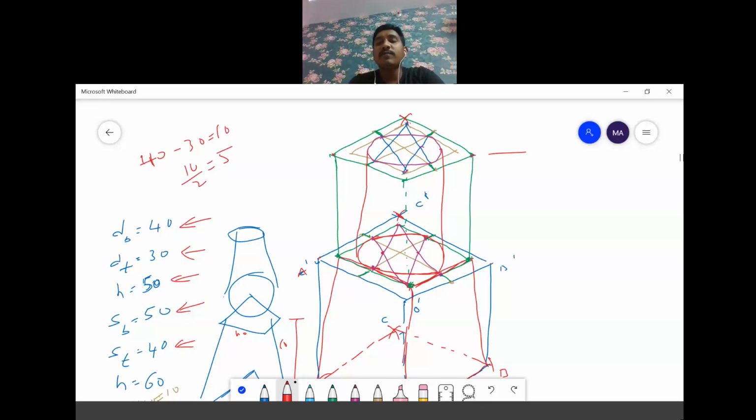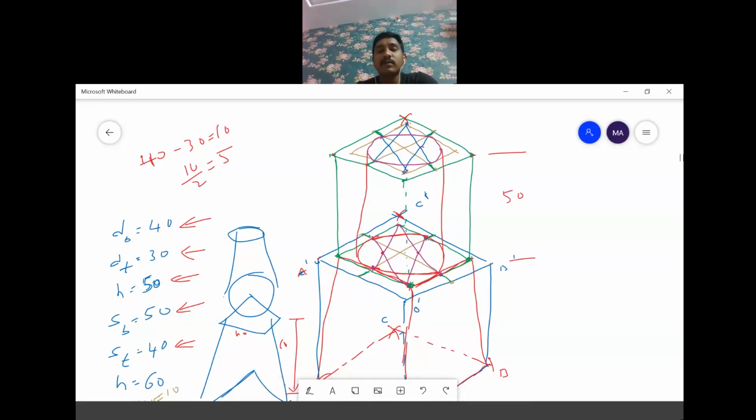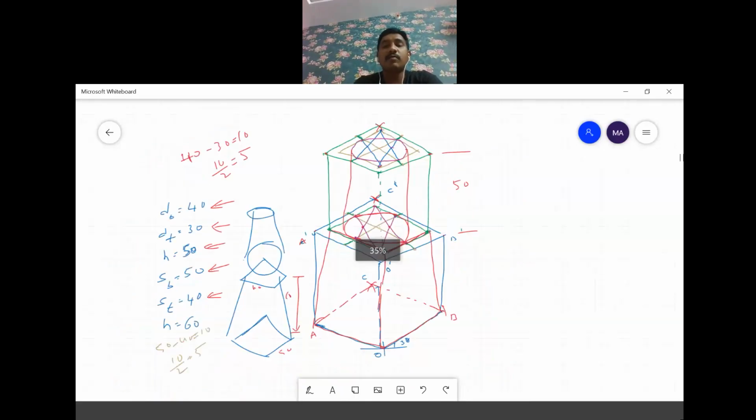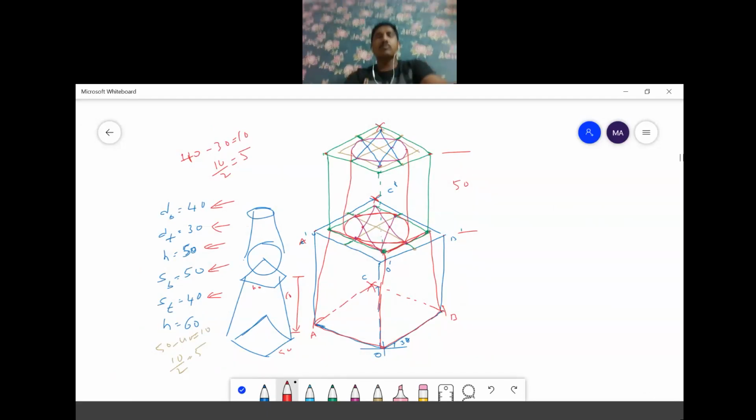It is 50 mm. This height is 50 mm. This one will be your frustum of a cone, which is resting on the frustum of a square pyramid.